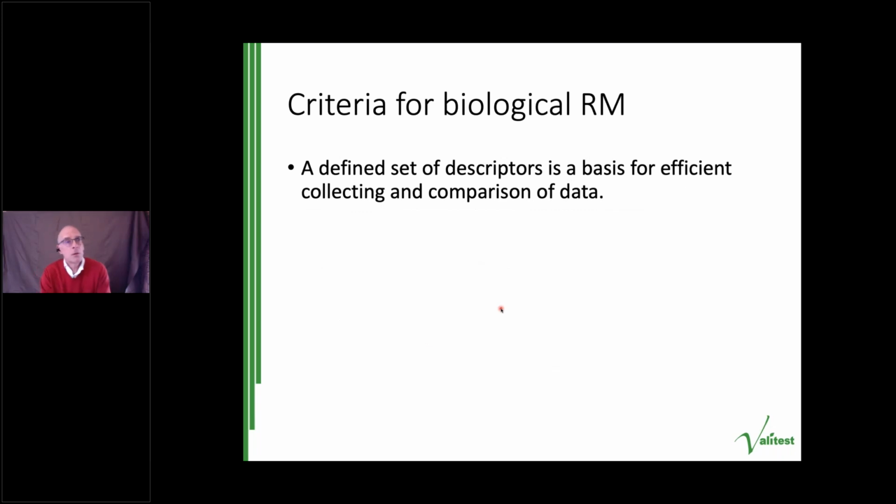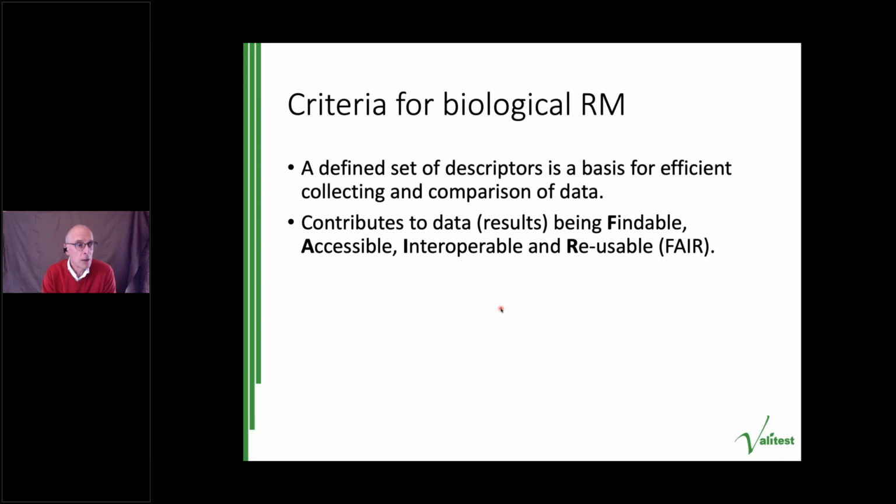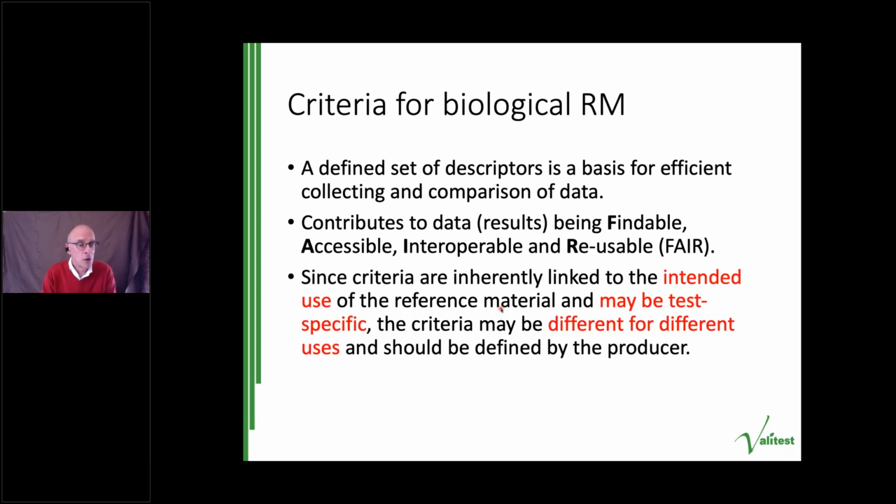Apart from identity, there are different criteria, and we identified a number of these in work package 3. These set of descriptors or criteria together form a basis for efficiently collecting and comparing data on reference material. And your data should always contribute also to the data being findable, accessible, interoperable, and reusable, so adhere to the FAIR principles.